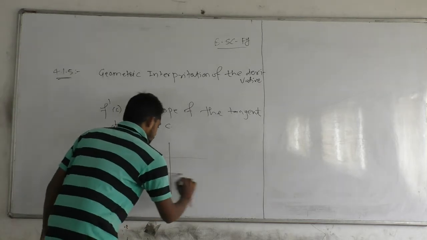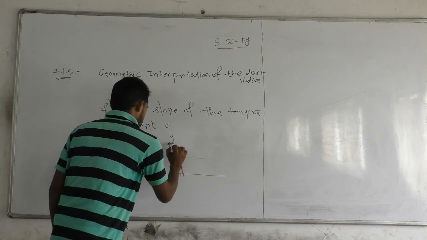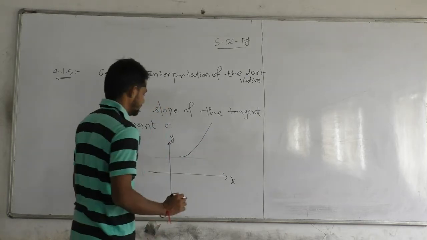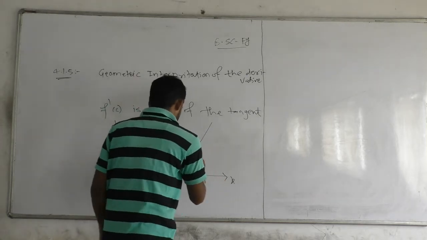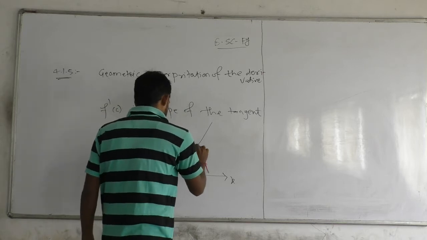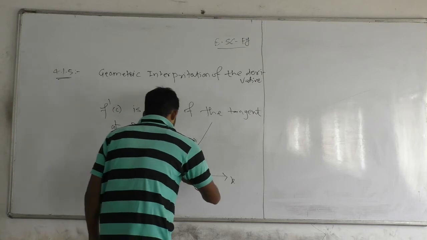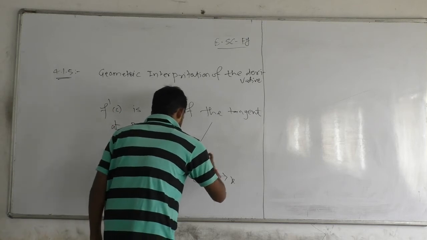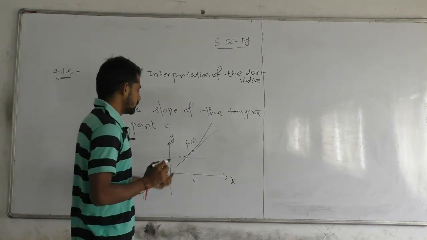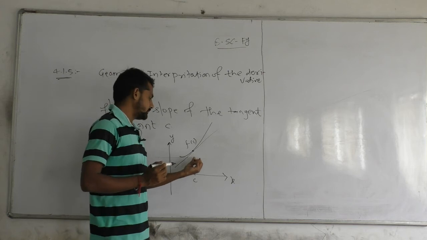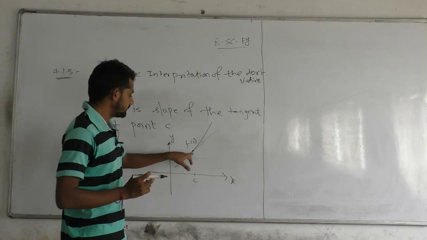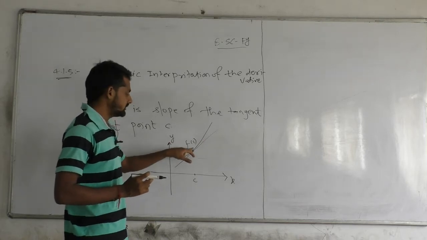Now consider this is our y-axis and this is the x-axis, and the given curve is like this. Now draw a tangent at point c. If this is the point c, and this is f of c, and you draw a tangent which touches the given curve at point c, then f dash at c is nothing but the slope of this tangent at point c.